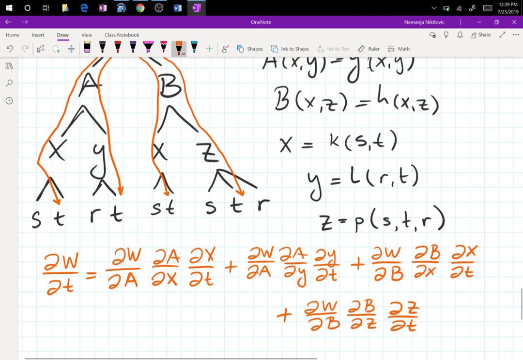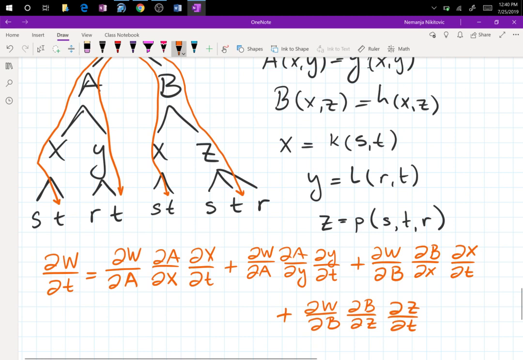There are 4 paths that you can use to go all the way down to T starting at W. You have 3 paths for S, and you have 2 paths for R. So you can also write those at home just to see what the partial W for R and S look like.